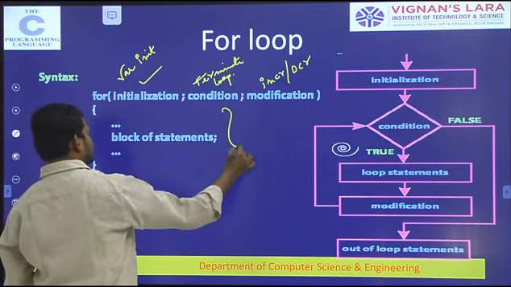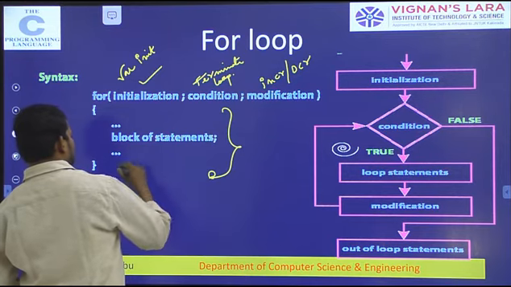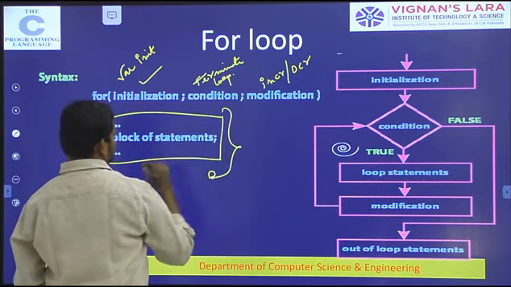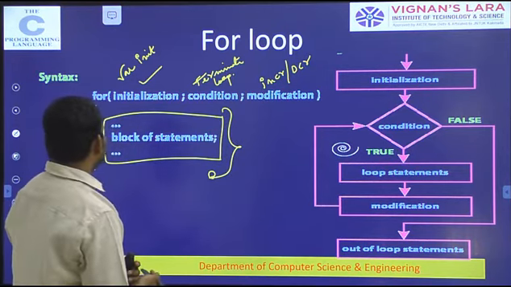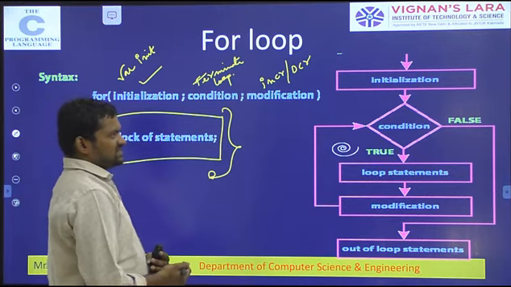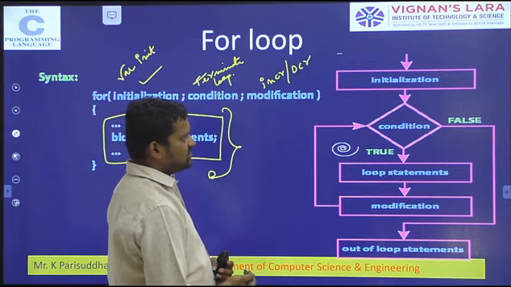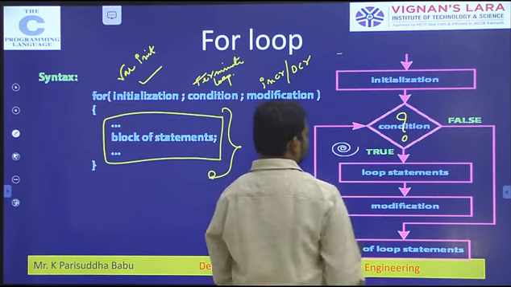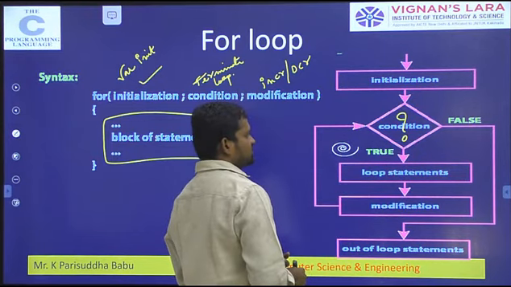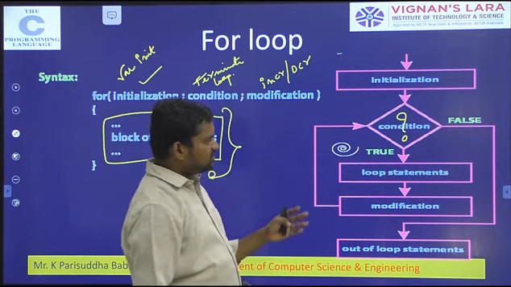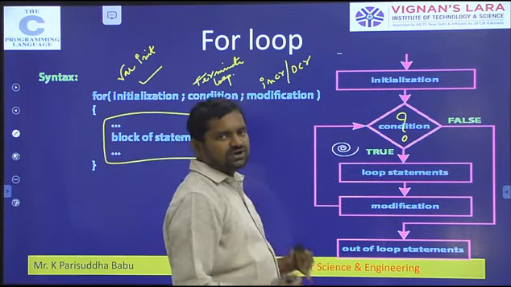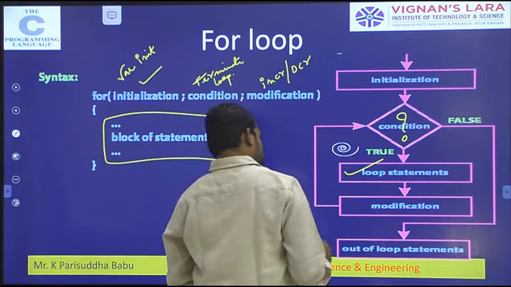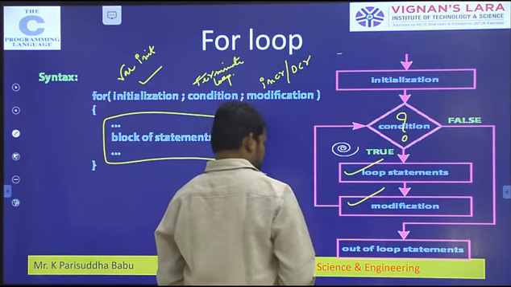The block of code will be executed. So the for loop is this: initialization at the beginning of the loop, then the condition is checked here, and after that the control will go one way or the other. If the condition is true, the loop statements will be executed, and the modification is done at this particular time.